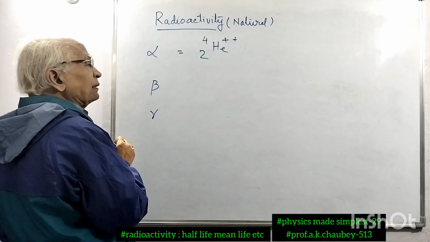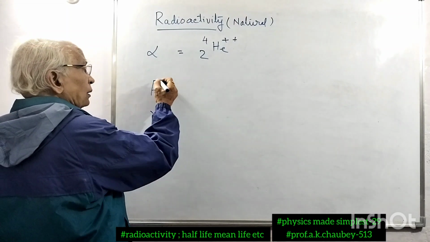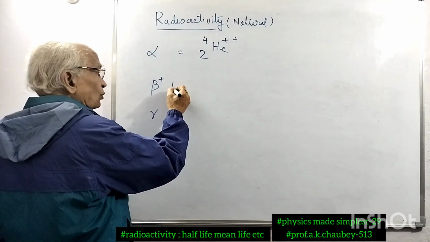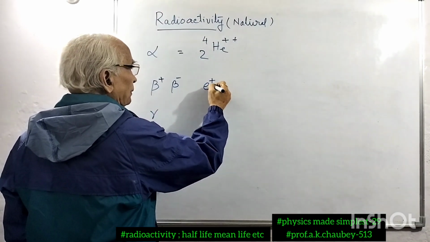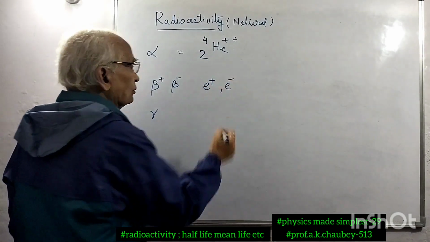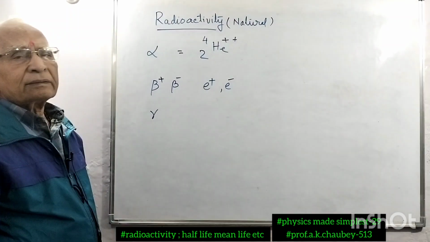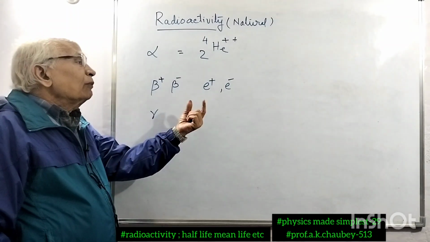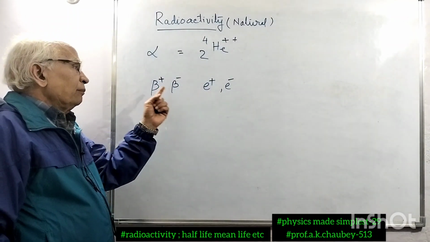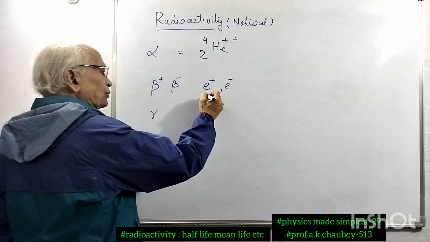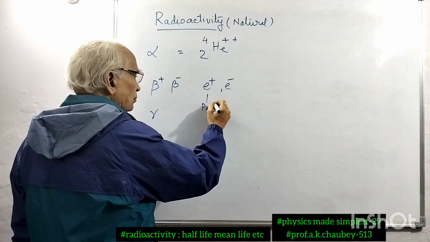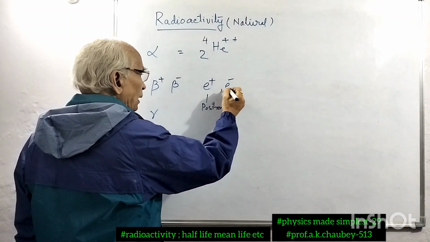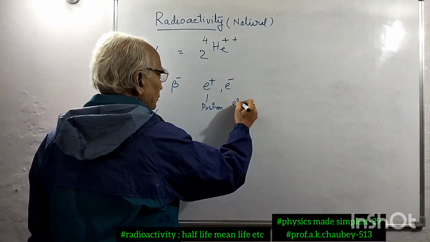And the beta particle is both beta positive and beta negative. It means it is just like an electron, positive electron and negative electron. Beta particle is equivalent to an electron. A positive electron is called a positron, and this is the electron, negative.